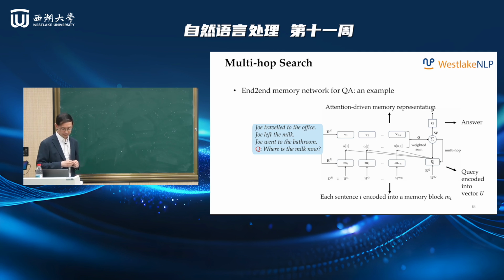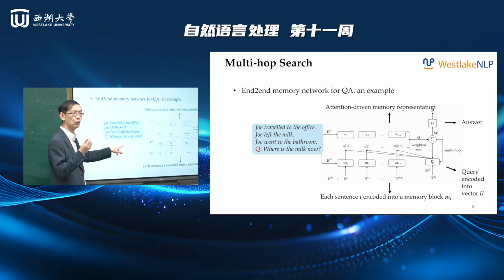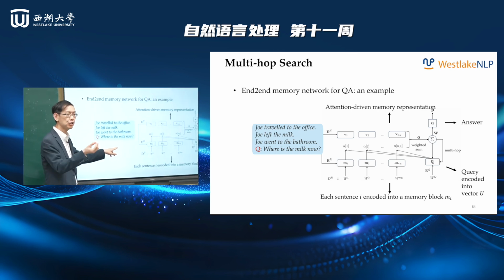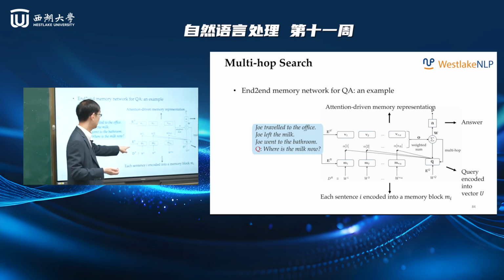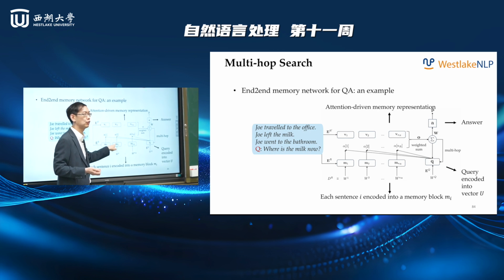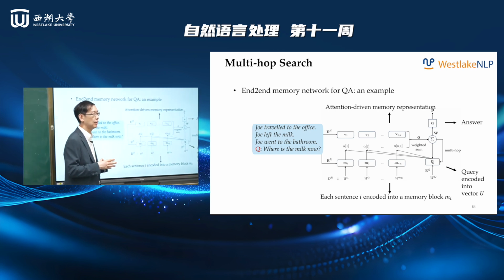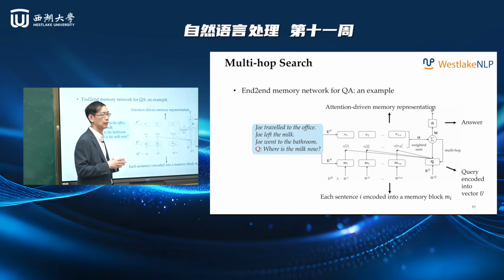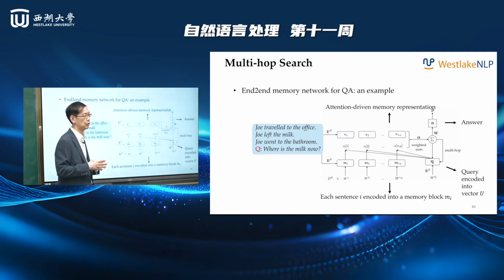My idea is I take W1, the passage here, and I try to find one vector representation of every sentence in the passage as a memory slot, M1, M2, etc. So each M represents a sentence in the passage.